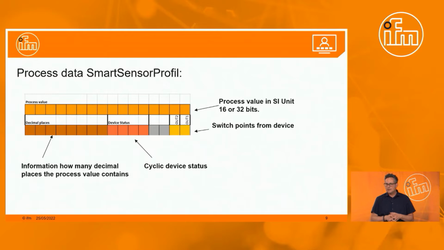But to be honest, you don't have to care about that. That's my job. I made function blocks also for this smart sensor profile, which can be used for every device which supports the smart sensor profile. And how easy they are to use and how much information you get out of this smart sensor profile, I will show you now.